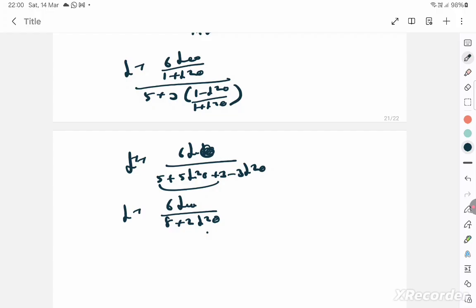This is what you get. You get it in the denominator, right? Yeah, 1 plus tan square theta anyway got cancelled. So you get an answer like this.